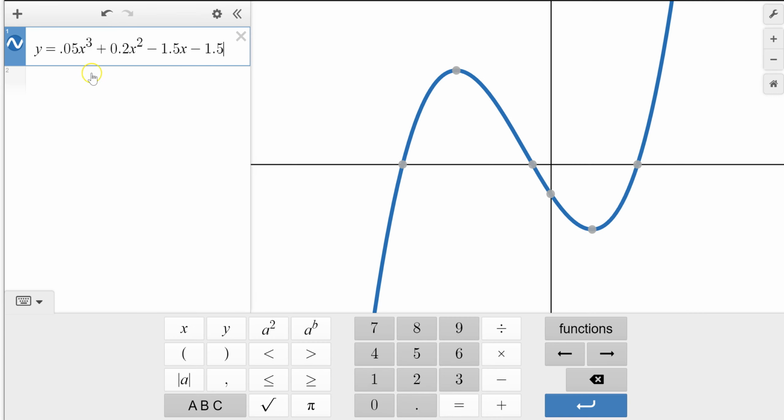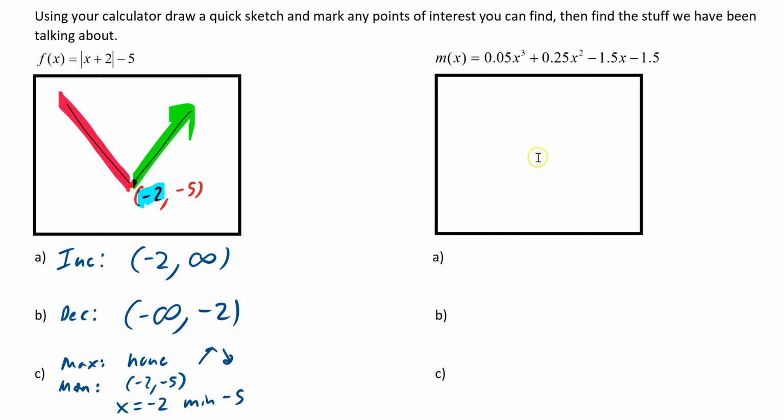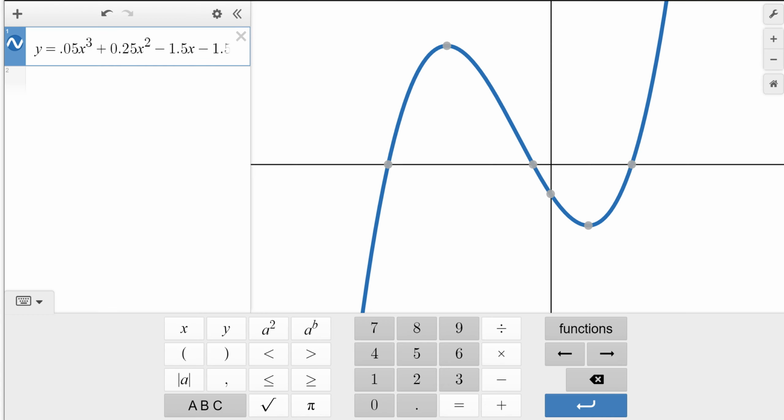And it's very important if these numbers are wrong in any way. I've already seen one, I forgot the 5. So 0.05 x cubed, 0.25 x squared, minus 1.5 x, and minus 1.5. All right, there we go.